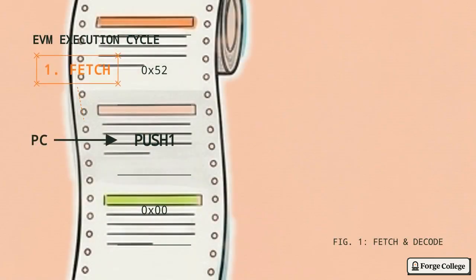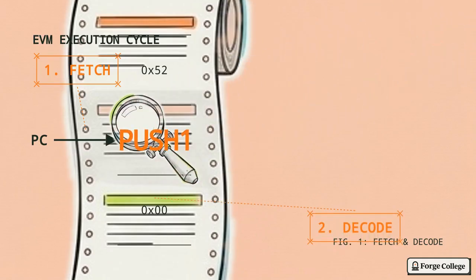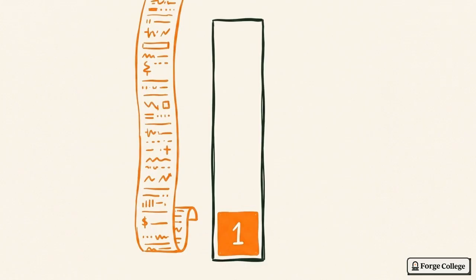Step 1 is fetch. The machine looks precisely where the program counter is pointing. Step 2 is decode. It reads the instruction and figures out what specific tool it needs for the job. Step 3 is execute. The machine performs the exact physical action the opcode demands. In this case, push 1 tells it to drop a new value onto the stack.